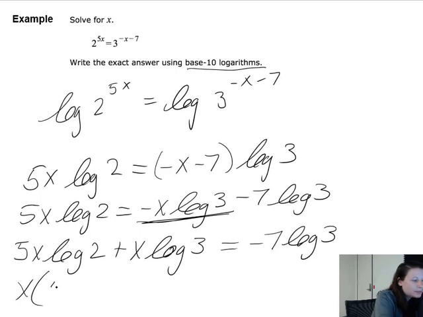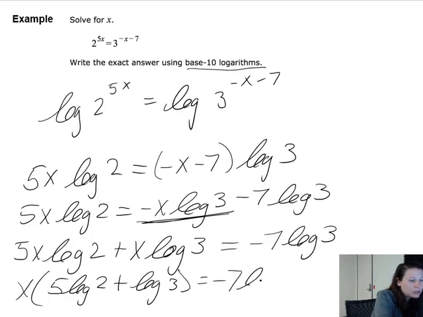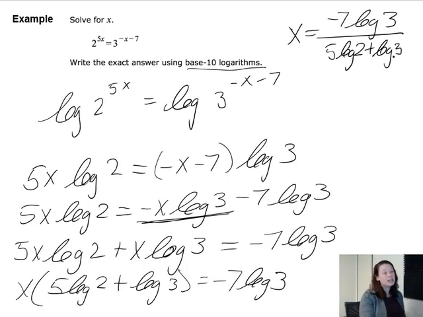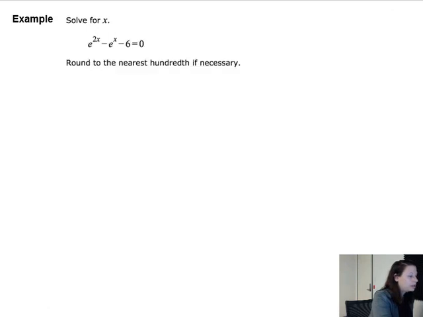So x times (5 log 2 plus log 3) is equal to -7 log 3. So that means x is equal to -7 log 3 over (5 log 2 plus log 3). And that would be our final answer because they wanted it in an exact answer format.